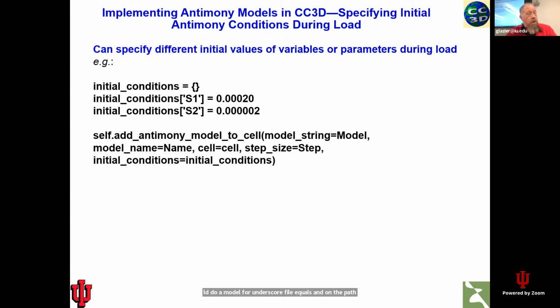During the load, you can overwrite pre-existing values of variables or parameters. So you can use the command initial conditions, and that will allow you to overwrite values that you want, or you can load the model as it is, then loop through the cells, loop through the dictionaries, and write the values that you want.